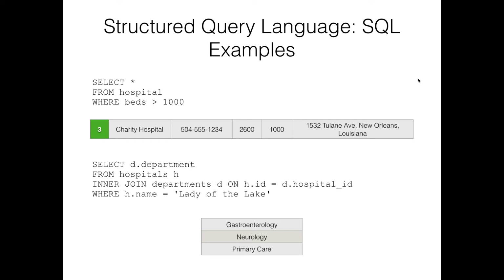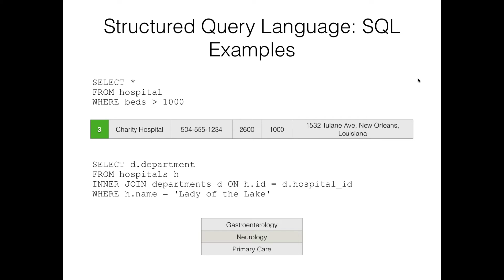And then the second query gives an example of a join, which is what I was alluding to in the previous slide, where we have data in departments that we want to look at in hospitals. We want to look at a joined view of that data. So we're selecting a specific field from the department. It's called the department name. So we take our hospitals table here. I'm just going to go ahead and point. Got hospitals here in the from clause. And then we've got an inner join.